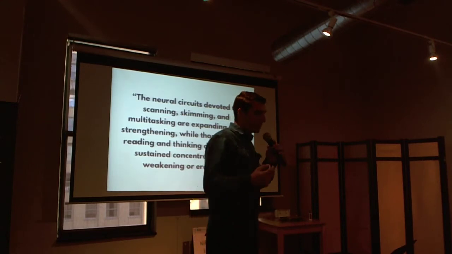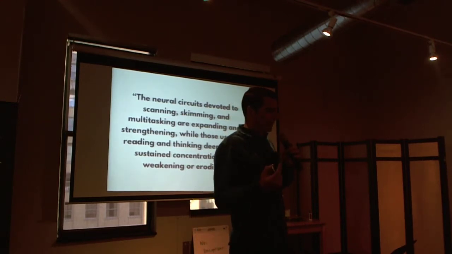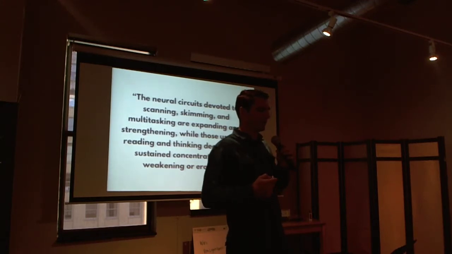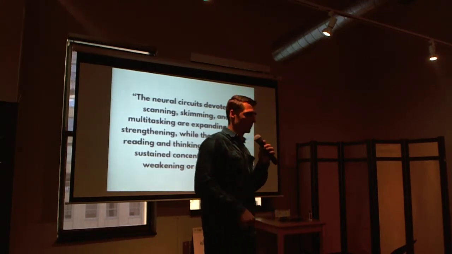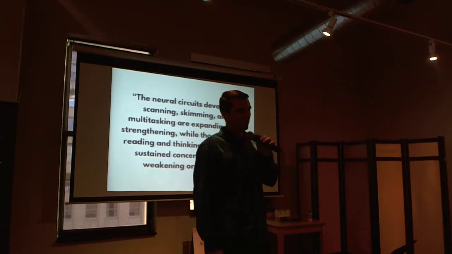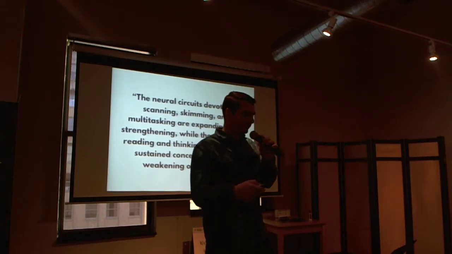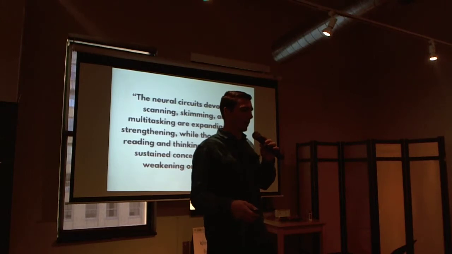They concluded that using the web in learning by skimming is weakening the parts of our brain used for deep thinking. They said the neural circuits devoted to scanning, skimming, and multitasking are expanding and strengthening, while those used for reading and thinking deeply with sustained concentration are weakening or eroding. So it was a really interesting finding. They could actually demonstrate that our brains can change and are changing based on how we use them with the web.